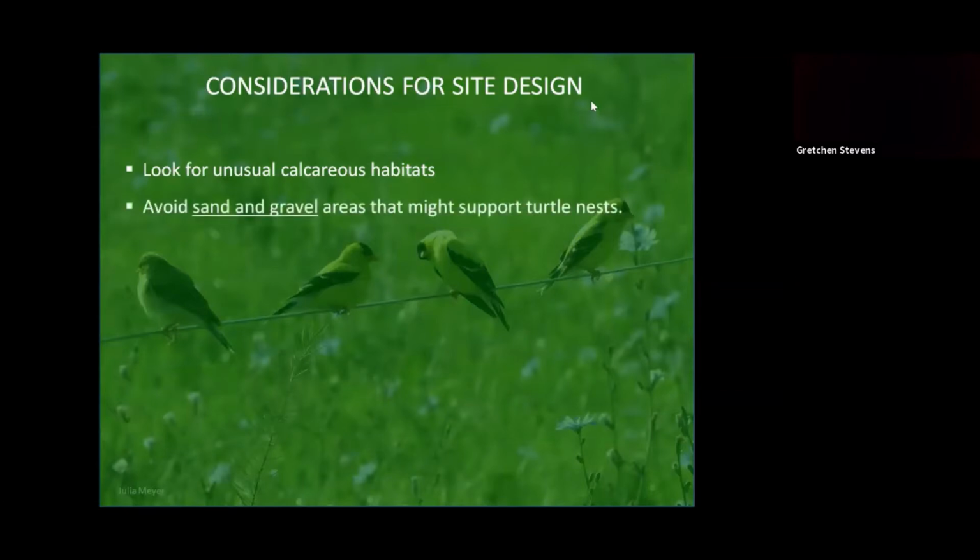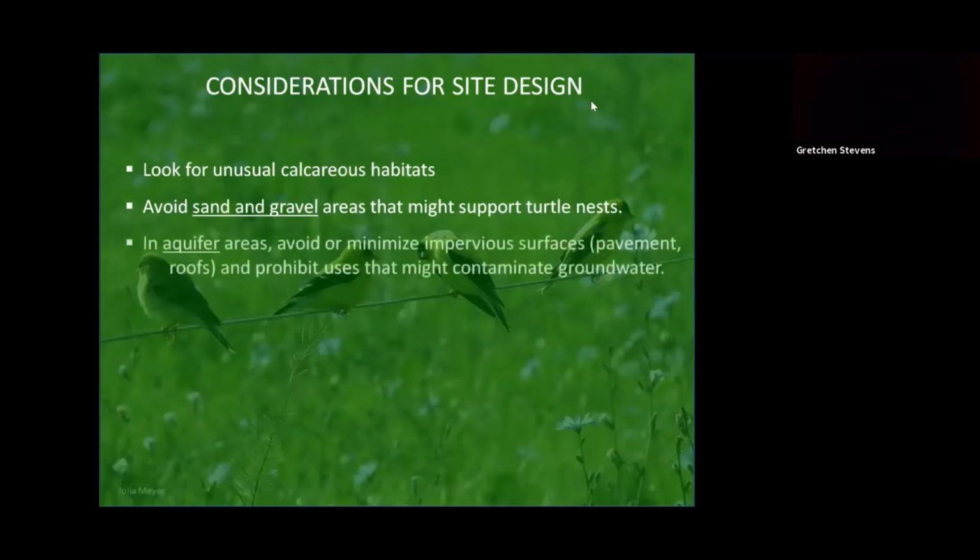I might suggest avoiding sand and gravel areas that might support turtle nests, and a biologist could maybe identify the places that might be most suitable for that kind of nesting.